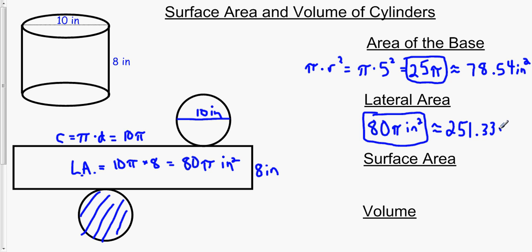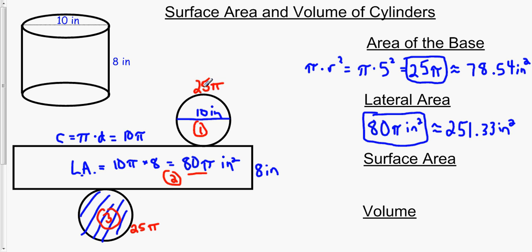251.33 inches squared. Okay, the surface area is all three of these pieces added together. So we would take this piece plus this piece, plus this piece. And the nice thing is we figured all these out. We know this is 80 pi. We know this is 25 pi, and we know this is also 25 pi for the area.